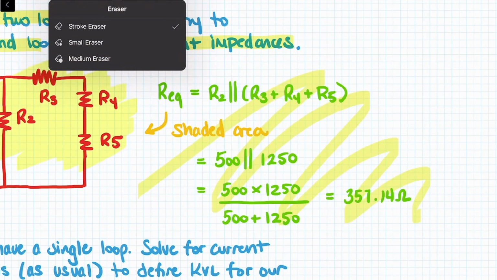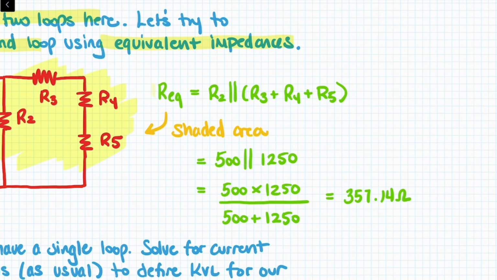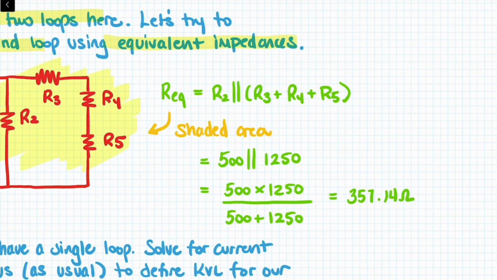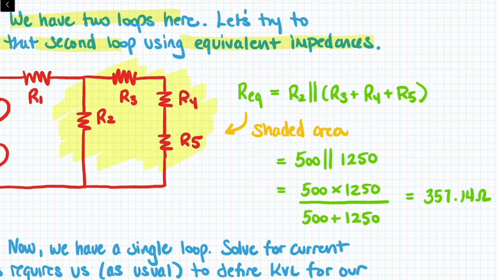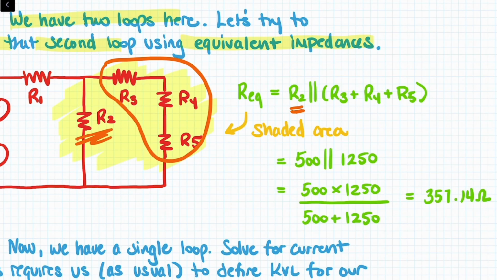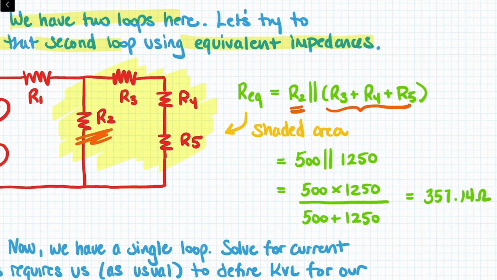Now, where does this equation come from? It reflects the fact that we have a resistor R2 in parallel with essentially the series combo of these 3 together. So R2 is here, and then this represents the series combo of R3, R4, and R5.